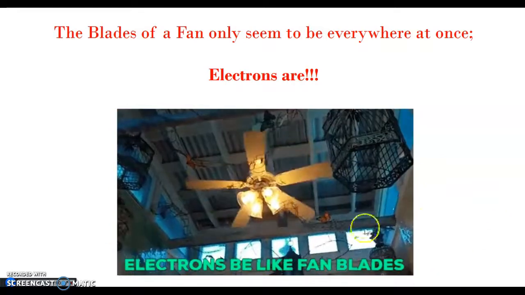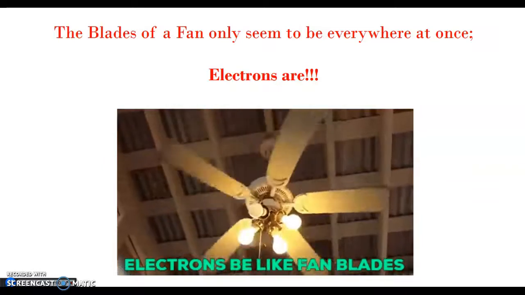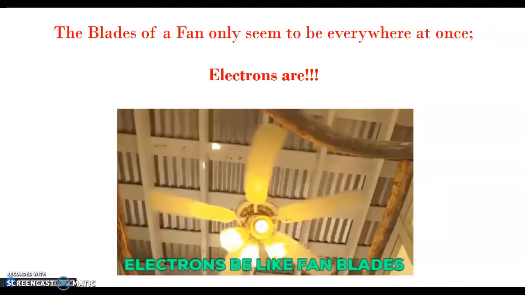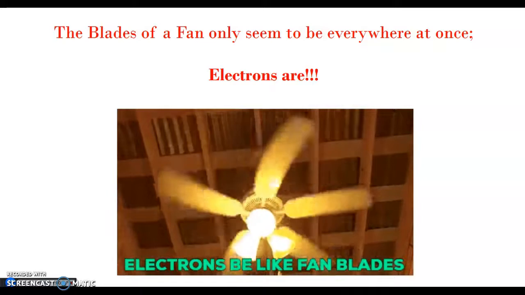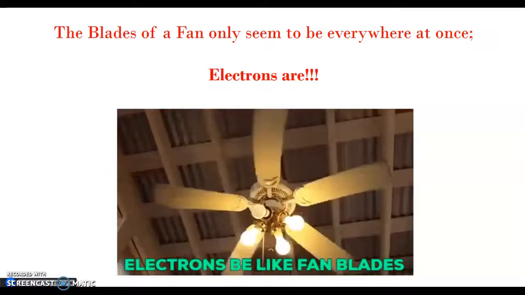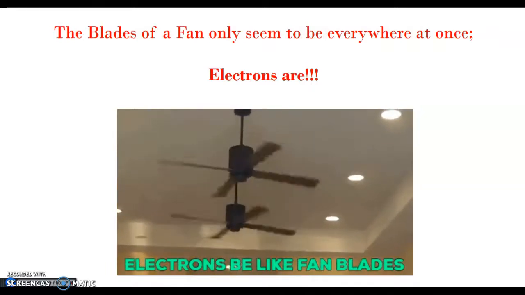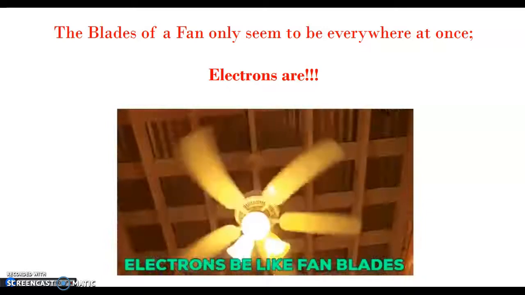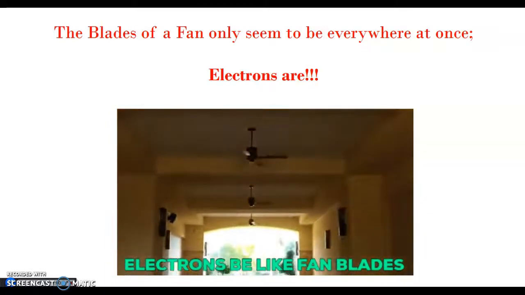When they're spinning fast enough, the blades seem to be everywhere at once. We know this is not true, but they look that way. The electrons actually act as if they are everywhere at once, which seems impossible, right?